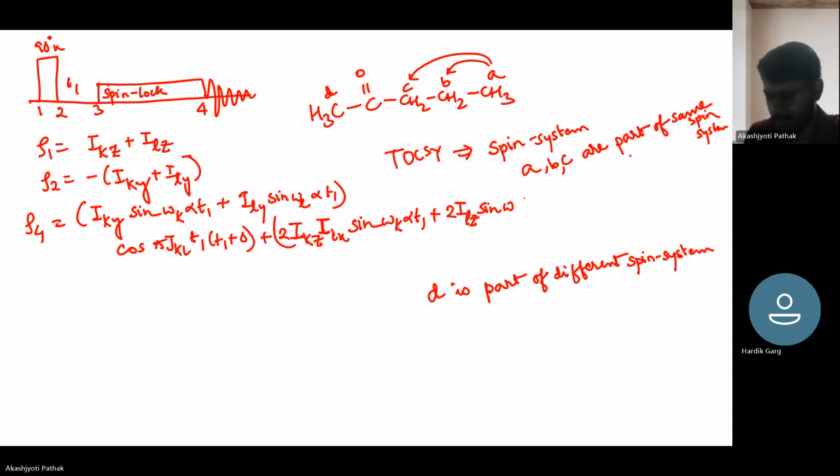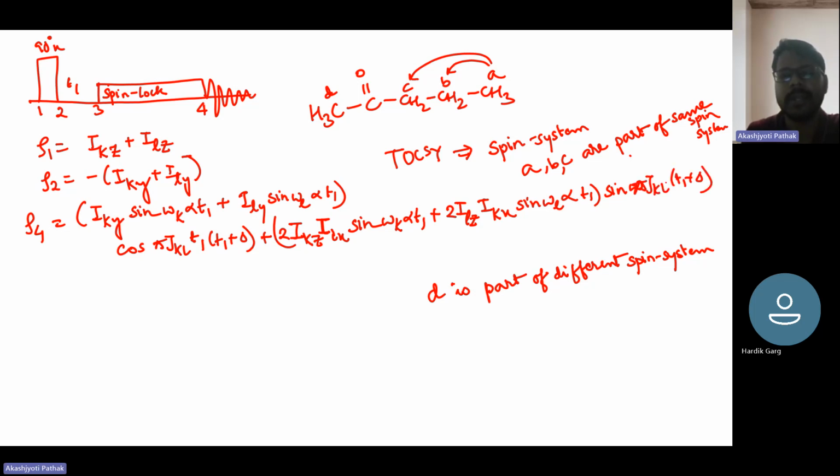Then there will be IKx sine omega L alpha t1 sine pi J KL t1 plus delta.